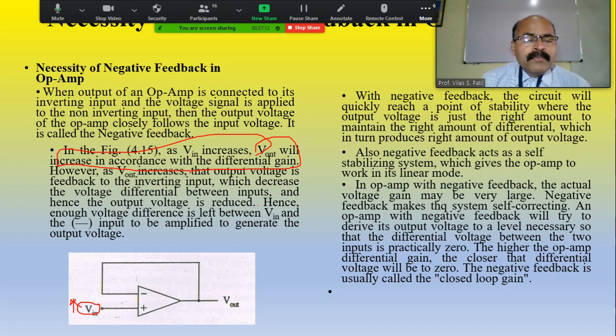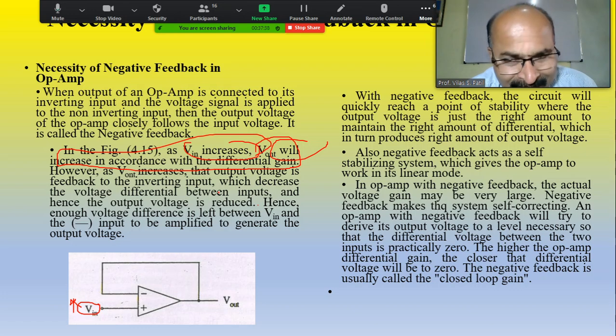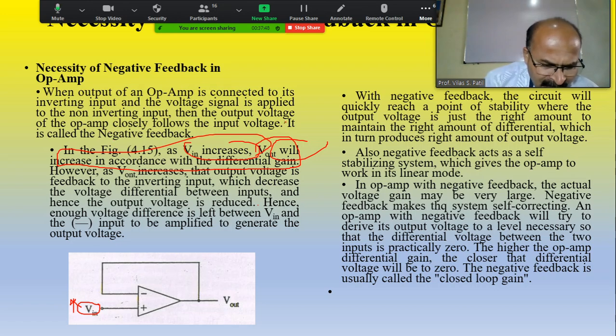See what happens, friends: as Vin increases, Vout increases, and as Vout increases, that output voltage is fed back to the inverting input, which decreases the voltage differential between the inputs, and the output voltage is reduced. The difference between the two voltages is reduced. The output is obtained in proportion to the voltage given here.